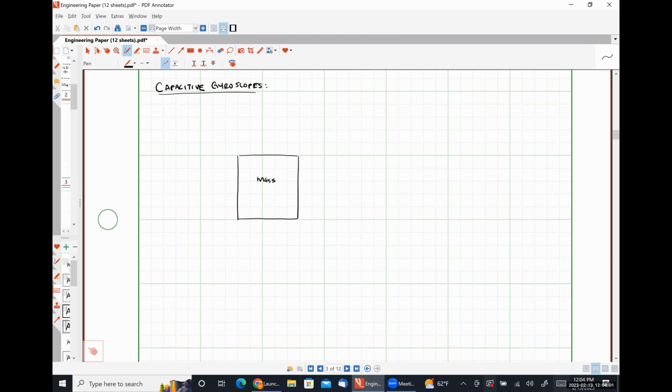So I'm going to put a comb drive over here on the right, and a comb drive over here on the left.